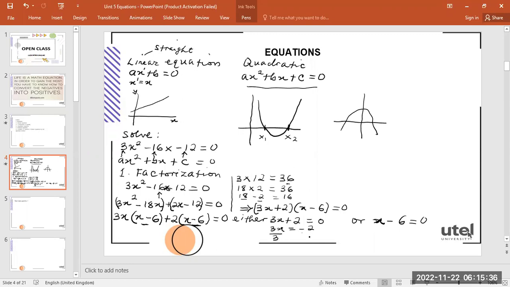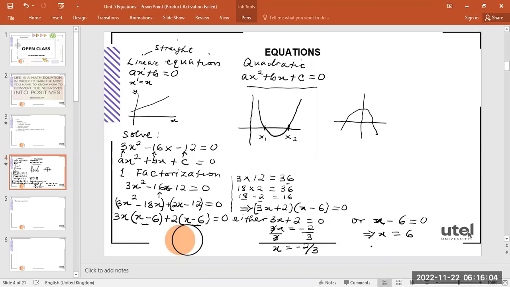Of course, 3 cancels 3, then you are left with x is equal to minus 2 divided by 3. Or here we have x minus 6 equals 0. This simply implies that x is equal to 6, because we take this minus 6 to the right-hand side of the equation.